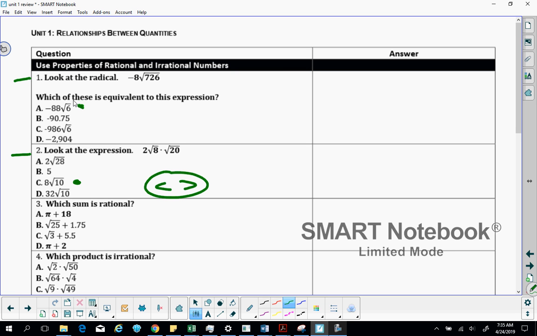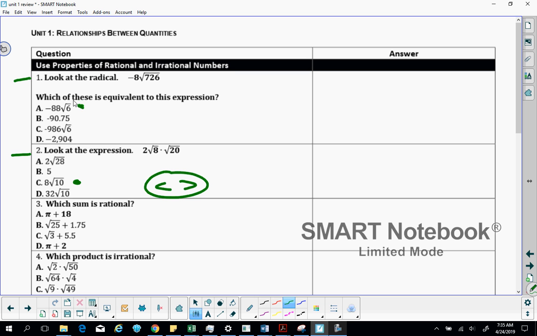So when we look over here, it says which sum is rational. I want you guys to try to figure out which one would be rational, which means it's a terminating decimal, short to the point. Which one do you think it would be? So start typing them in your calculator. Do you all know where pi is in your calculator?